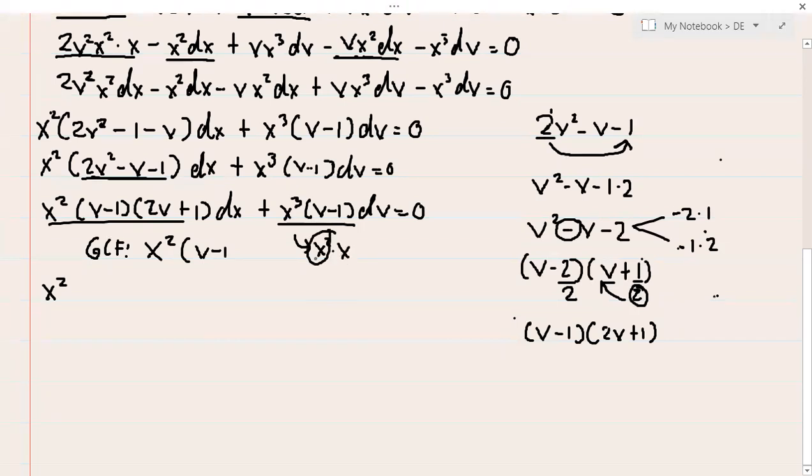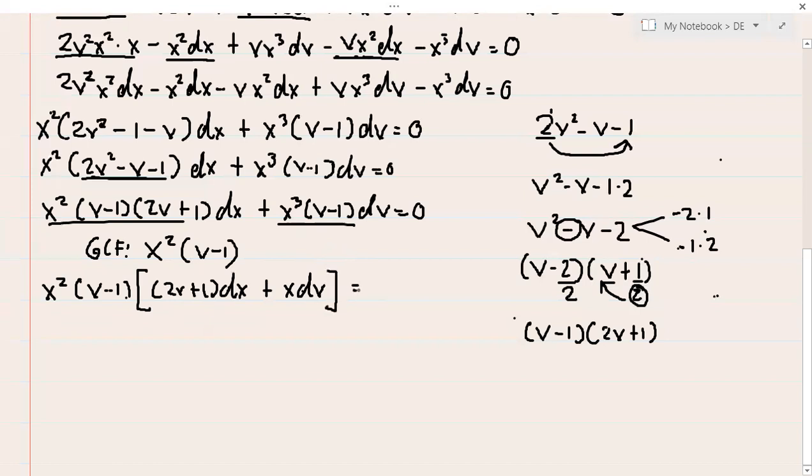So yun, meron tayong x squared on both terms. That's why both of them have something in common. Okay? So now let's go back. So we have x squared times quantity v minus 1, times quantity 2v plus 1, times dx plus x dv. Ganyan na yung magiging tsura niya.